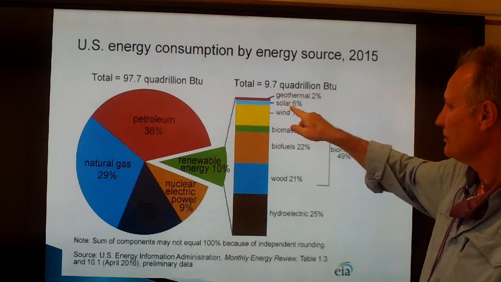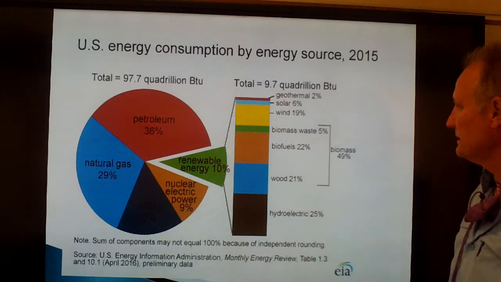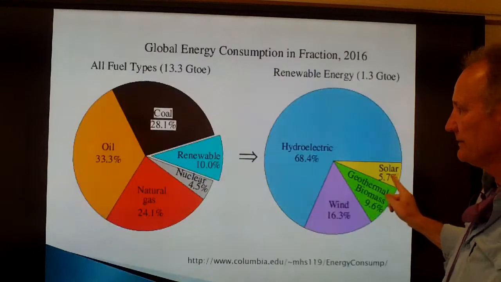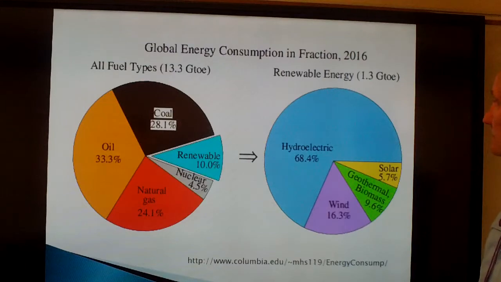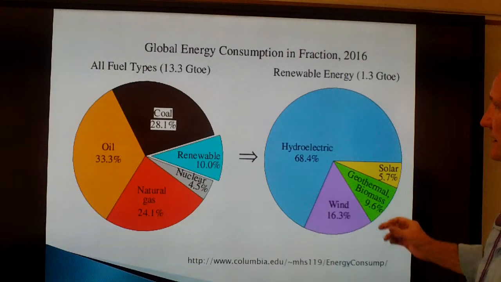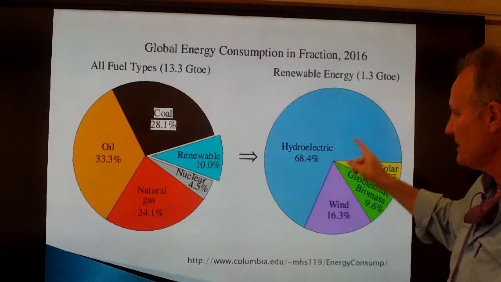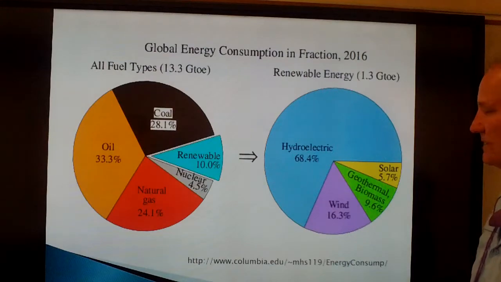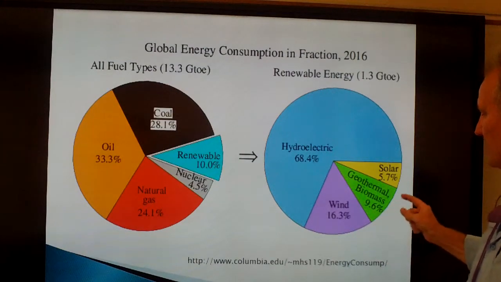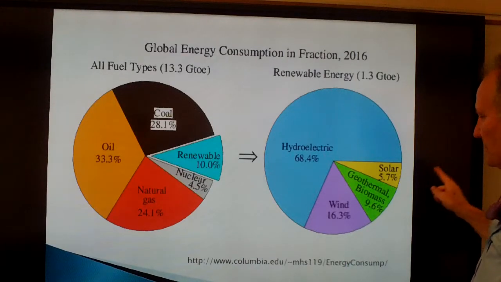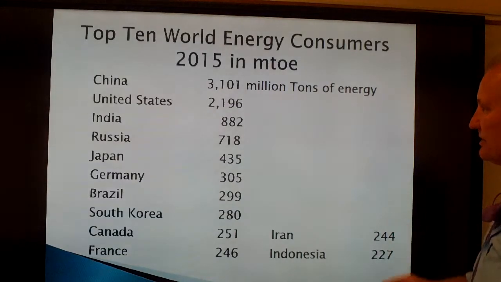But geothermal and solar and wind still are not picking up nearly enough. Okay? In 2016, again, of that 10%, the biggest percentage of that was hydroelectric. Wind, biothermal, and solar. Solar's still down at near 6%.